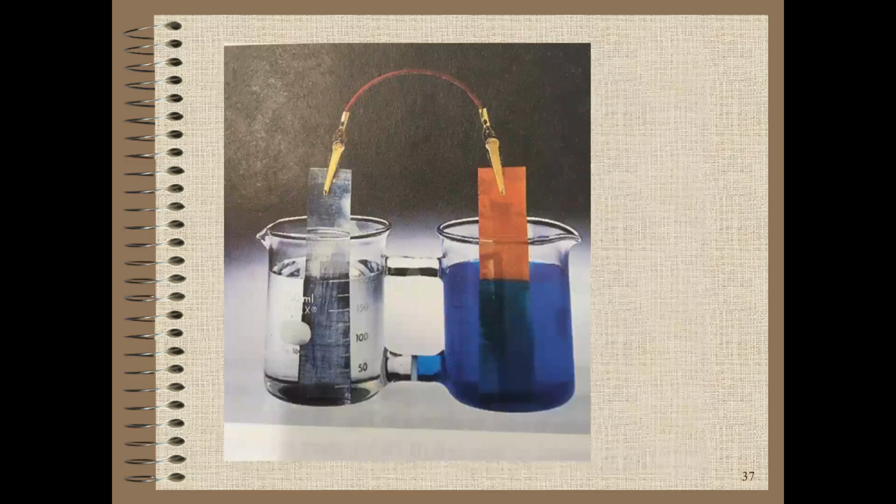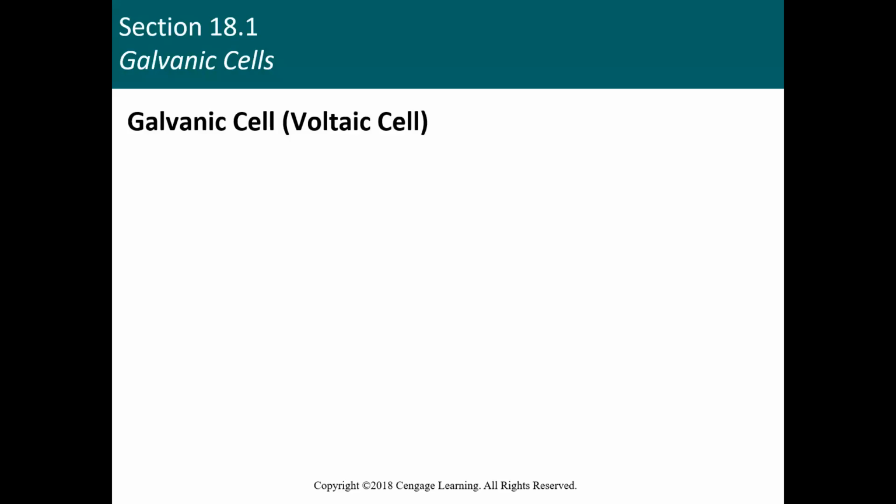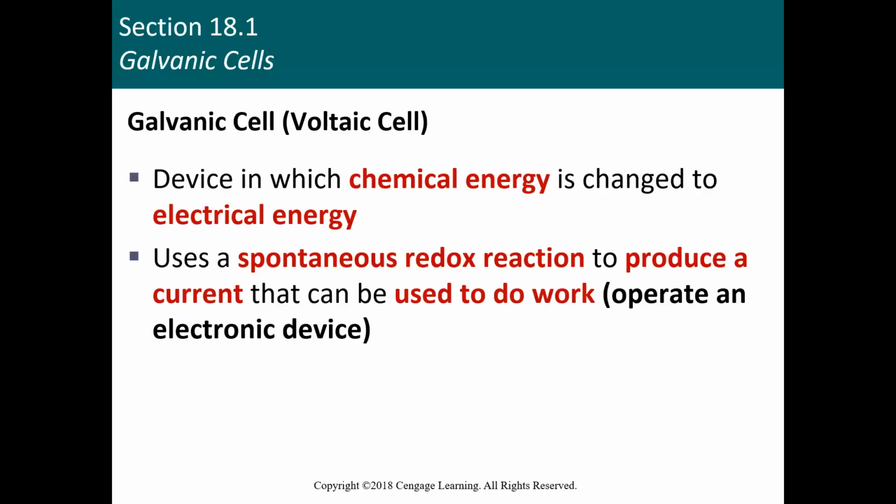So galvanic cell: a device in which chemical energy is changed to electrical energy. It's a spontaneous redox reaction, and it can do work. It can operate your electronic device, which is your battery.